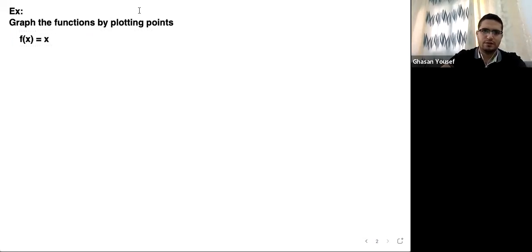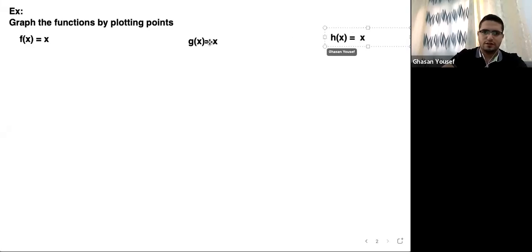The second function, I'm going to do it here, g of x equal x cubed. And the third function is h of x equal the square root of x.